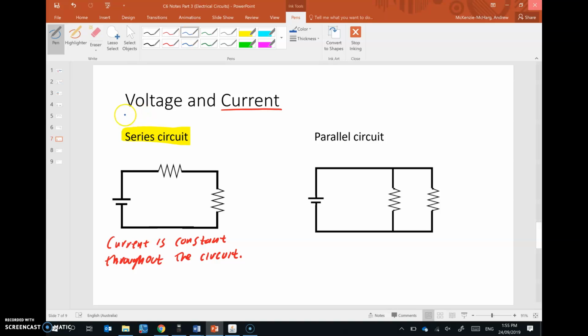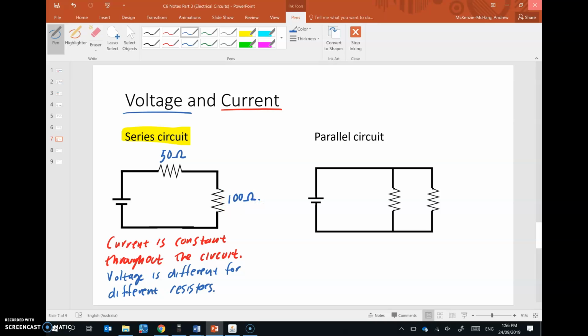Now, with regard to voltage, voltage is different for different resistors. So what that means is, let's say we've got two resistors. One is a 50 ohm resistor, say, and another one is a 100 ohm resistor.